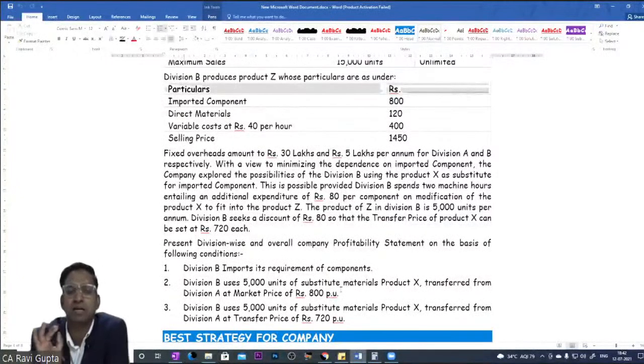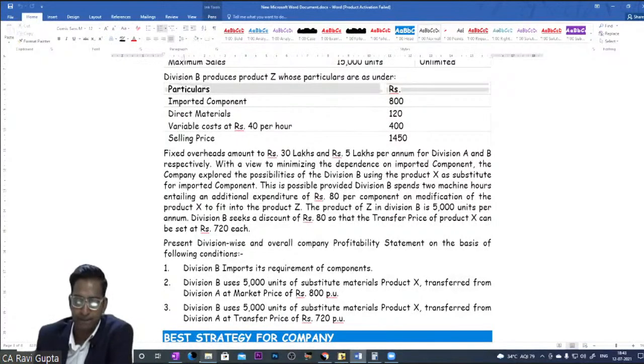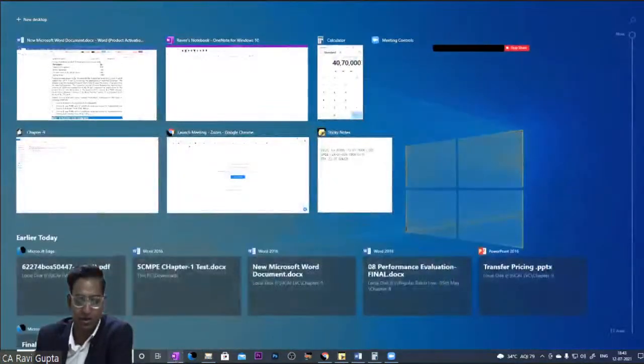Division A has transferred at 800 rupees, and division B will incur 80 rupees in addition to the price at which division A has transferred to division B. So we need to incur 80 rupees as the modification cost. It will increase my cost.